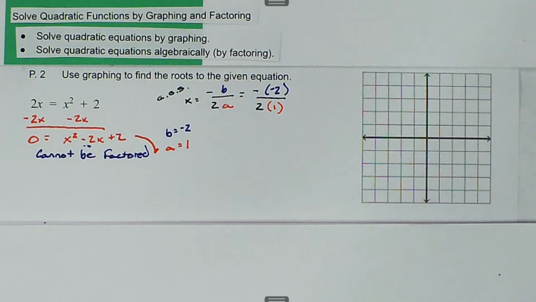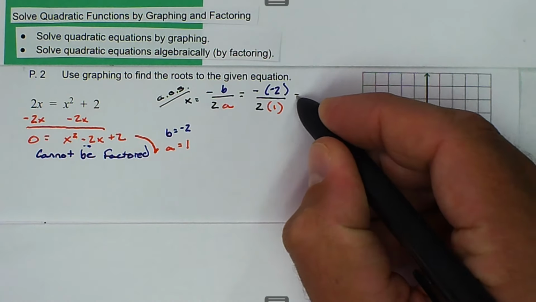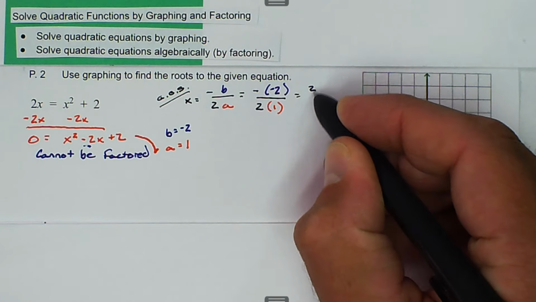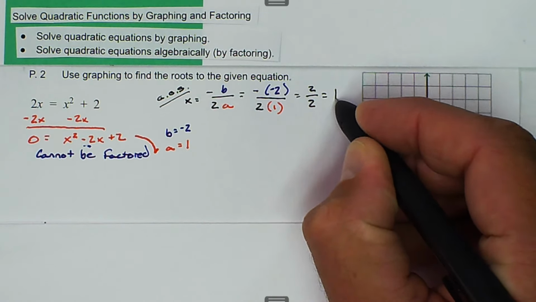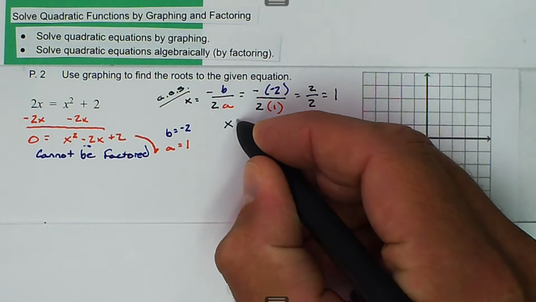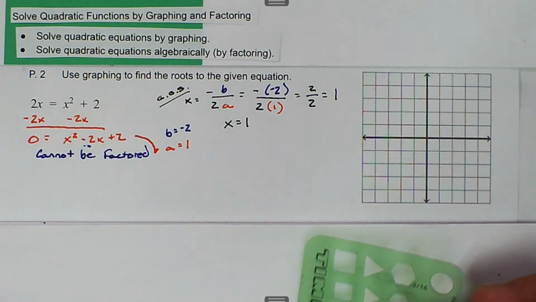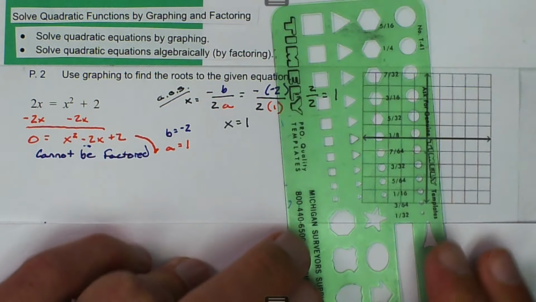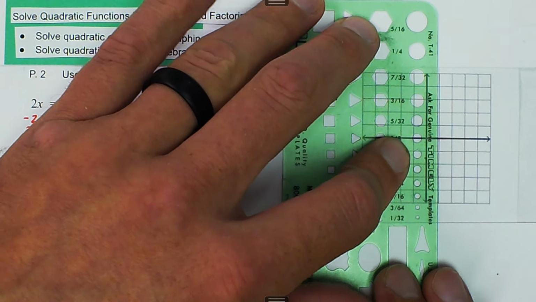So we can do that multiplication, and we get negative times a negative is positive, and 2 times 1 is 2, so that is equal to 1. So then we get x equals 1. So that is our axis of symmetry. x equals 1, so I can draw that.